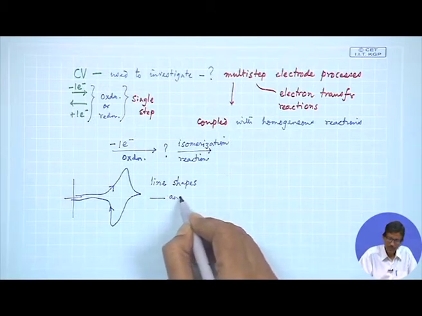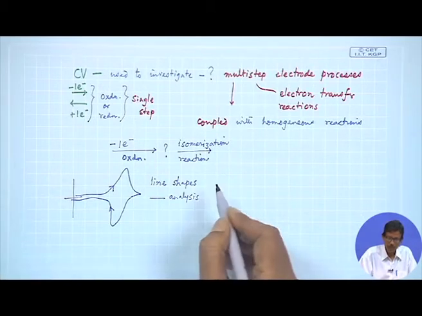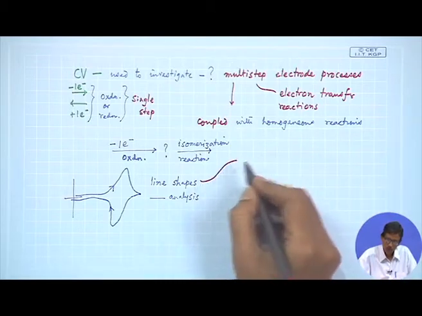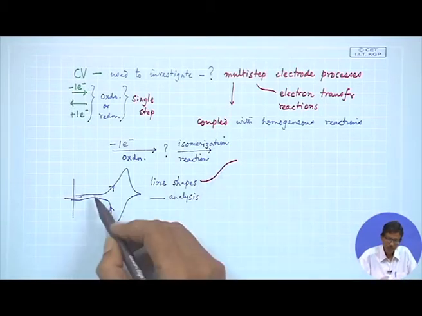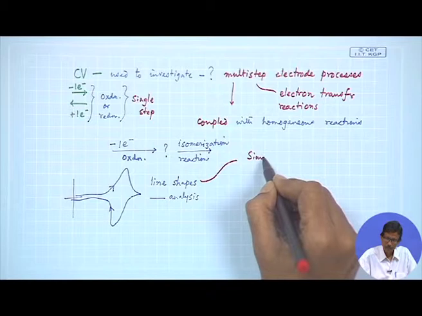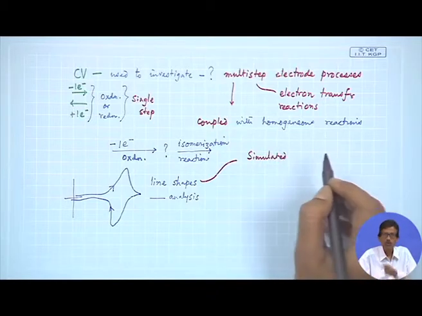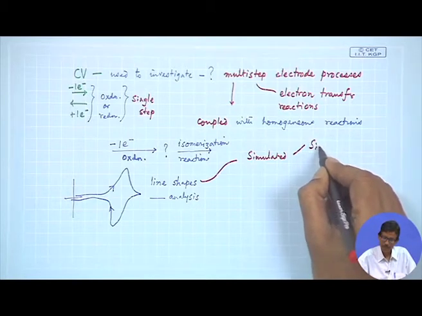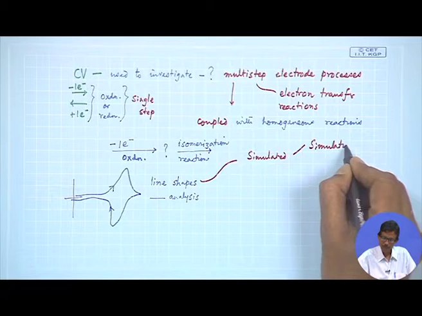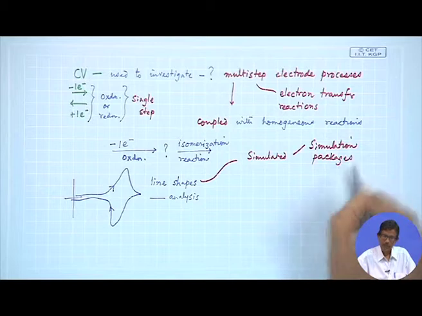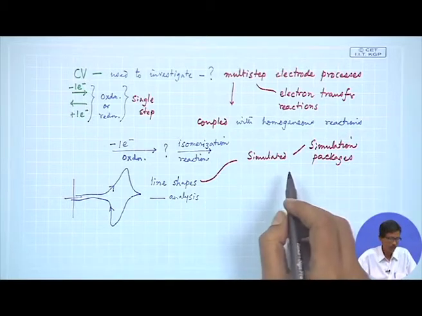The line shape analysis is the most crucial step to understand this type of electron transfer reaction. The line shapes we achieve experimentally can be simulated, and commercially available simulation packages can be used for that.